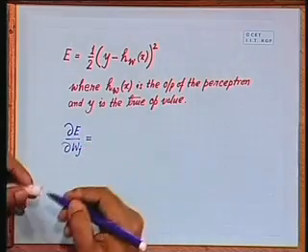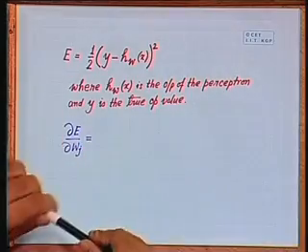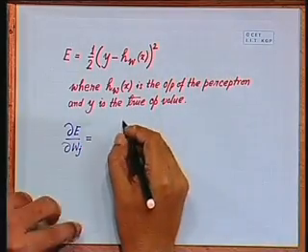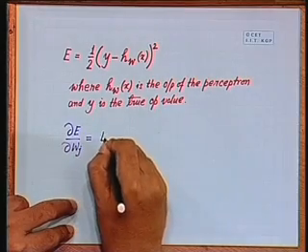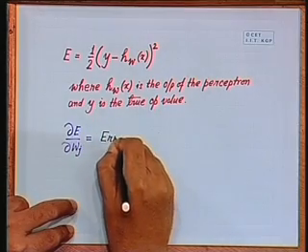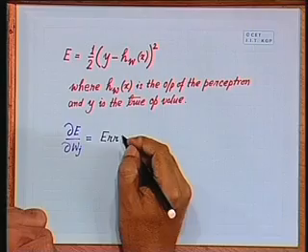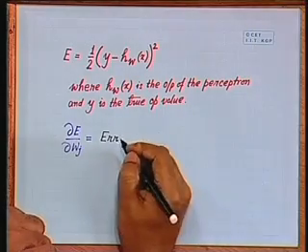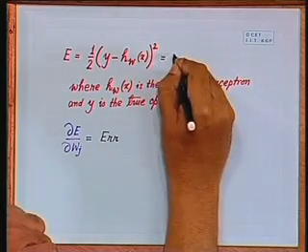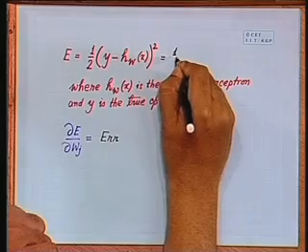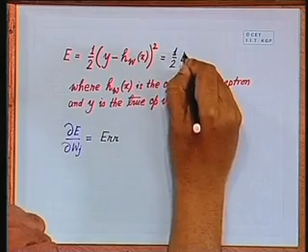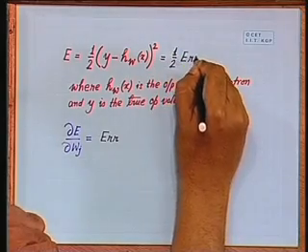This is given by ERR, where E is half ERR square.